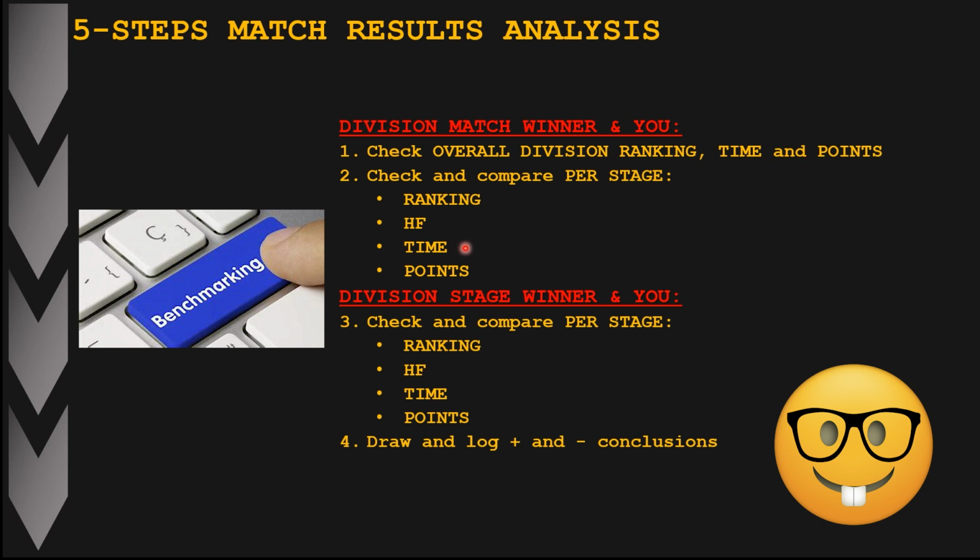For example, if you can see that it took the division stage winner 2 seconds less to complete a course of fire and a stage, you can start working backwards to see, is it your draw, is it your positioning and transitioning between shooting positions, are your transitions in between target arrays too high, did you have malfunctions on the stage, did you run an ineffective stage plan, and so forth. So there are a lot of things you can actually conclude based on the results if you've analyzed and noted down everything correctly.